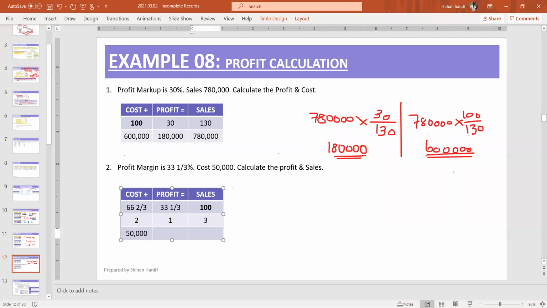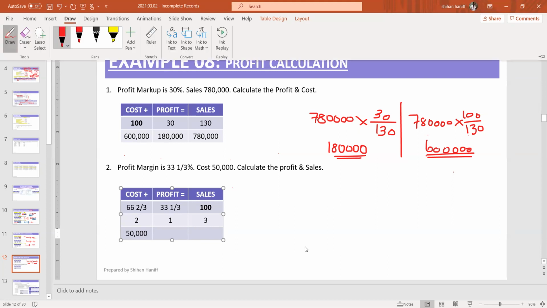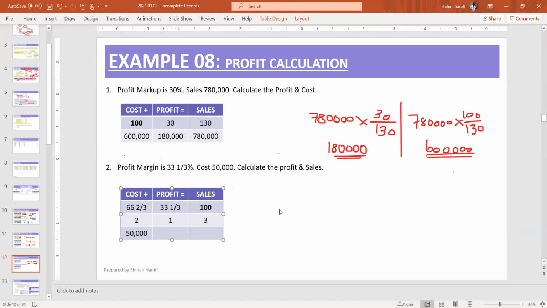If the cost is 50,000, you can see 50,000 is equal to 2.